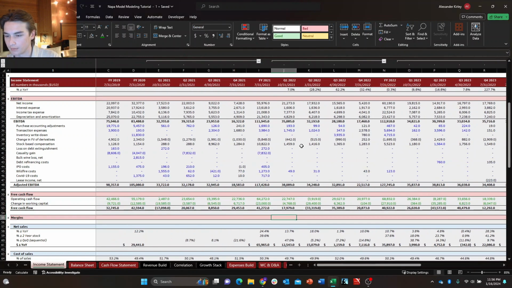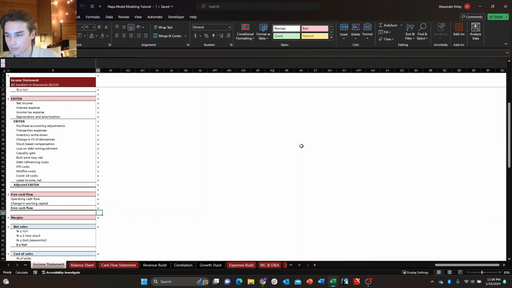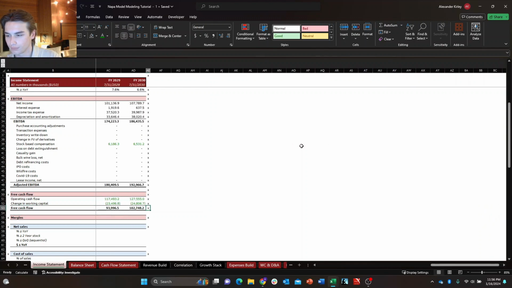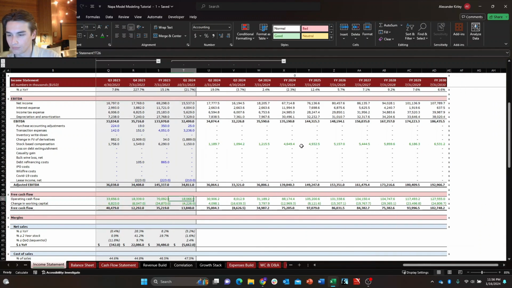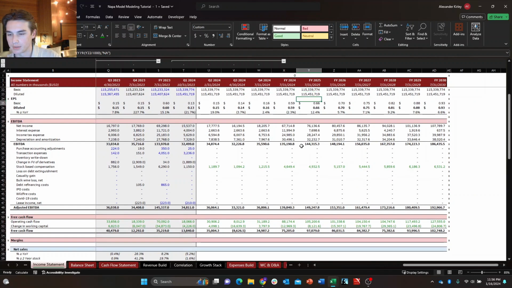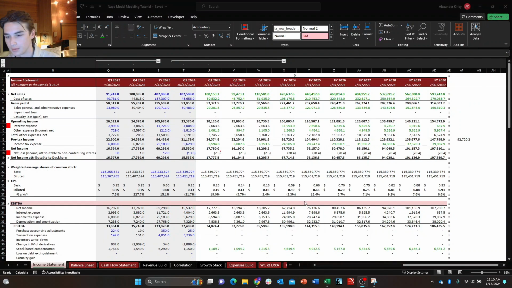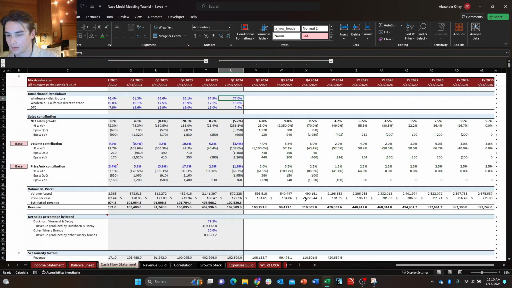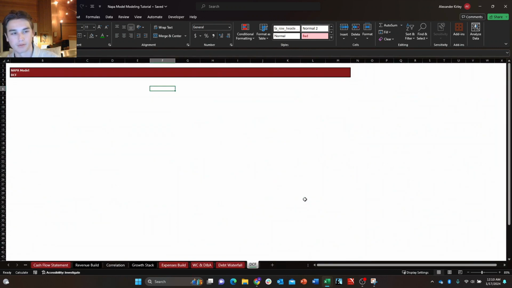Make that green. Now we have our EBITDA, our adjusted EBITDA, and our free cash flow. So let's go over to our DCF, which we will build out, and I'll go through everything really.